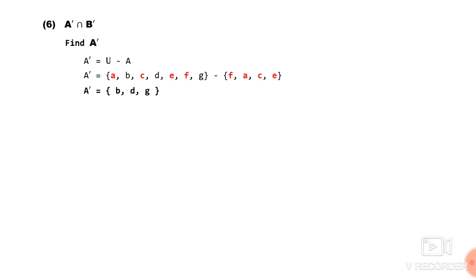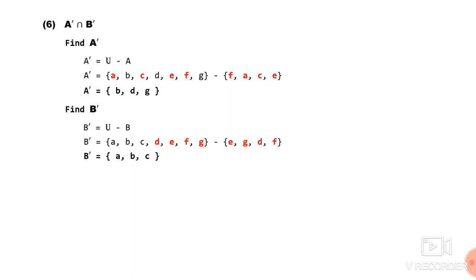Next we have part 6. A complement intersection B complement. You have to find the intersection of A complement and B complement. So you have to have A complement and B complement first. You will find A complement in the same way as previously: universal set minus A. Write down the universal set and subtract the elements which are included in set A. You will get just B, D and G. In exactly the same way you will find B complement.